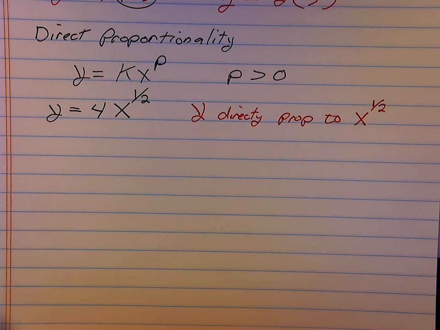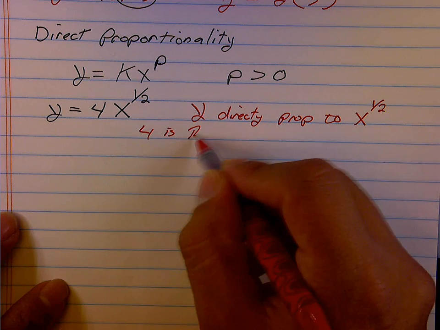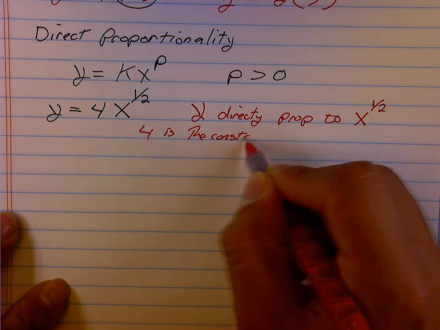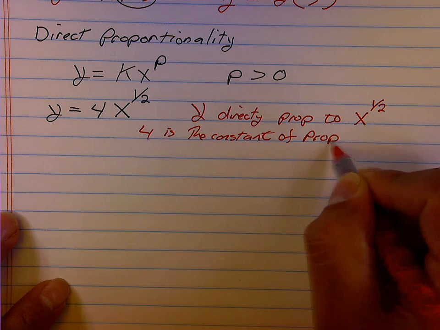Also, 4 is my constant, but when we're speaking about proportionality, we call that constant the constant of proportionality. So 4 is the constant of proportionality.